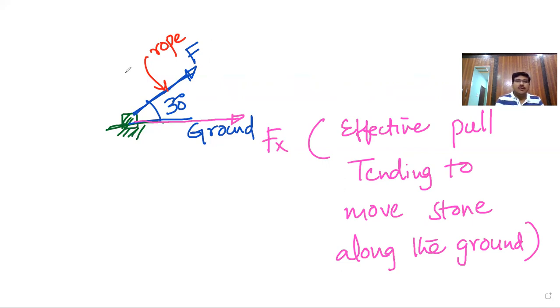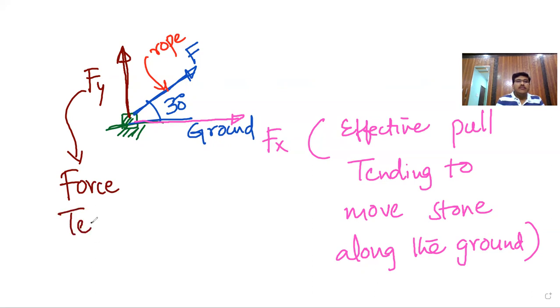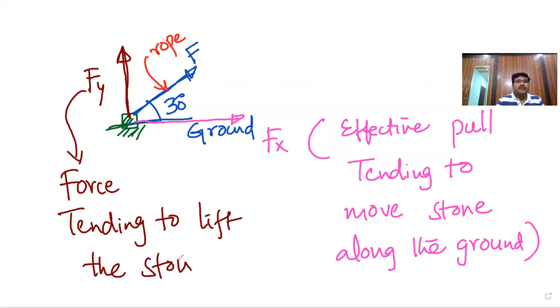Similarly, he is saying how much force is required to lift the stone in the vertical direction. Out of this, how much is acting along vertical? This is the Fy component. The vertical component is known as the force tending to lift the stone. Clear?